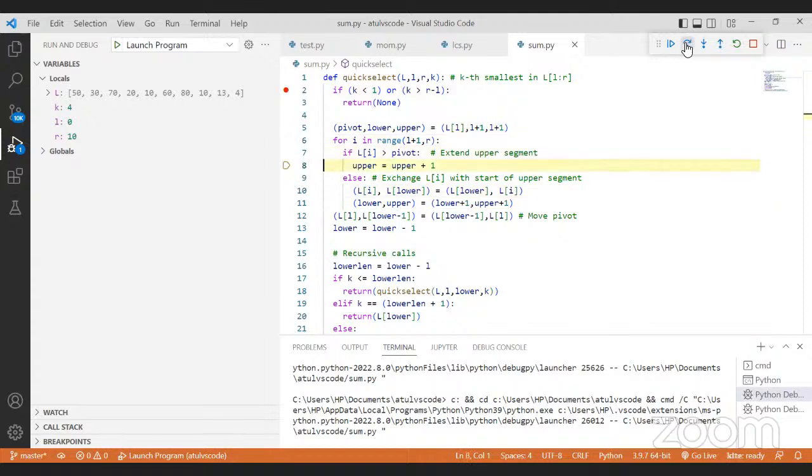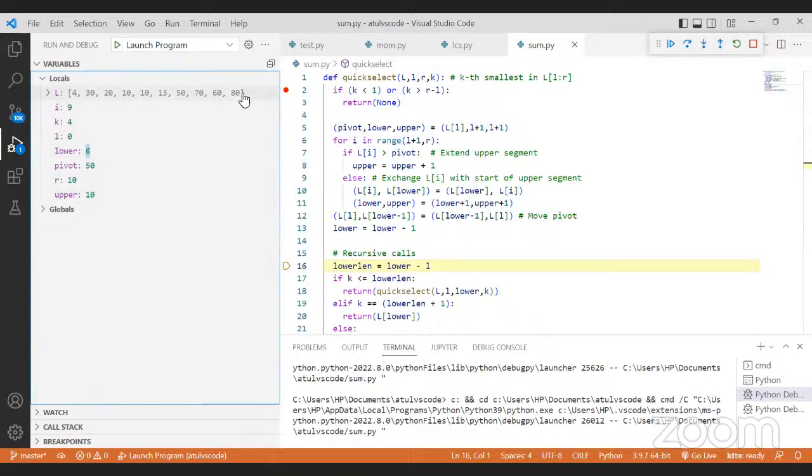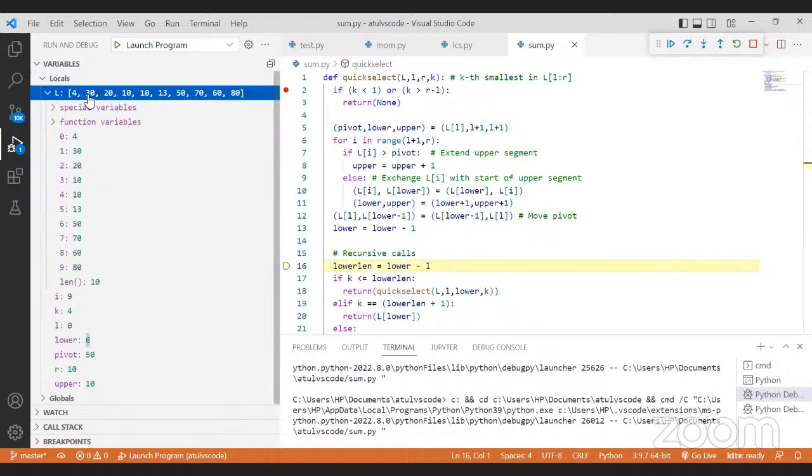So in the first partition, so now first partition is completed. We got this list. Okay.